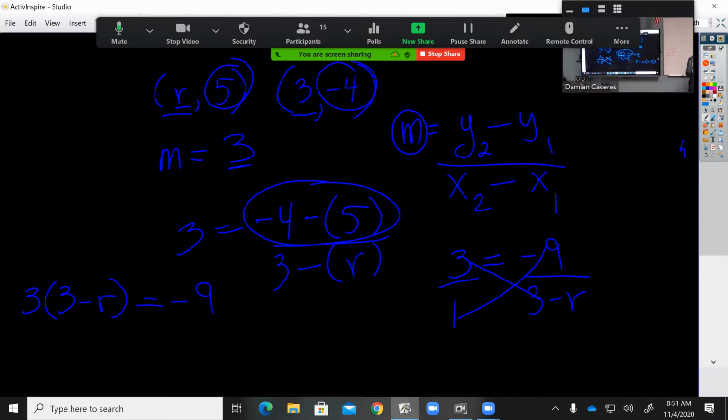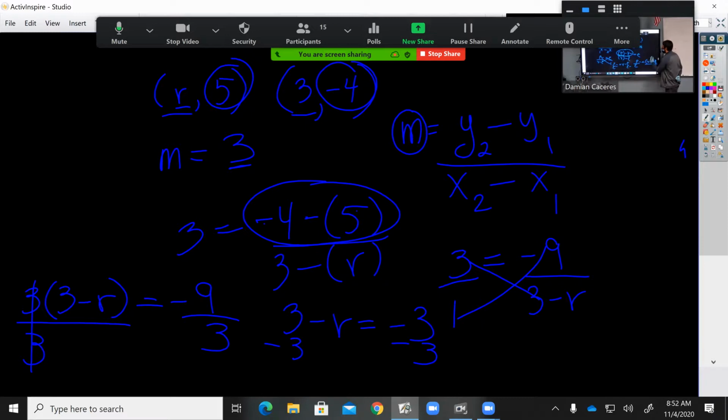Now, 2 ways of going about this. You can distribute right now and work with bigger numbers, or you can divide both sides by 3 right now and work with smaller numbers. So we have 3 minus r equals -3. A lot easier to solve that than what we had. So now we subtract 3 from both sides.